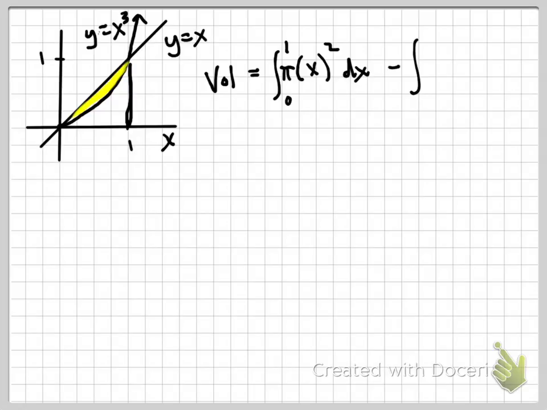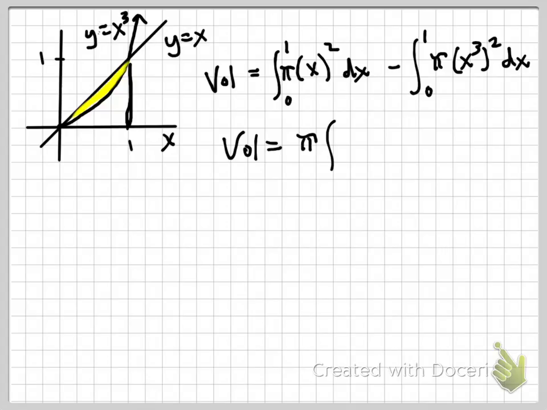And then we're going to subtract from that, from 0 to 1, pi times the inside curve, x cubed squared dx. Okay, and we could express this a little more simply if we first factor out that pi, do just one integral from 0 to 1 of x squared minus x cubed squared, and do all of that with respect to x.